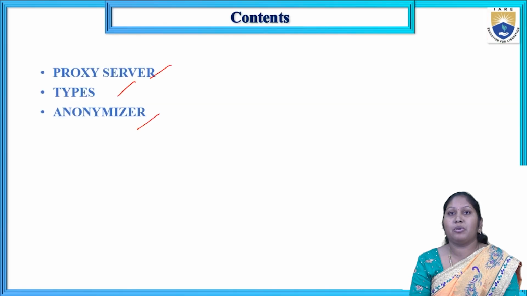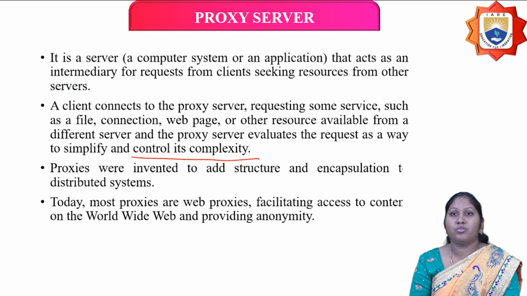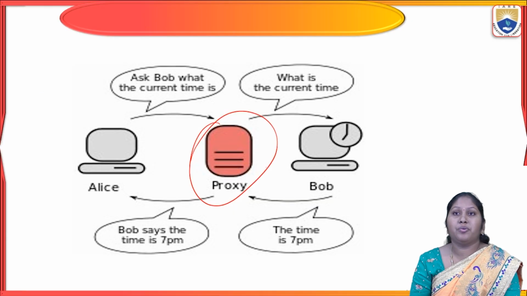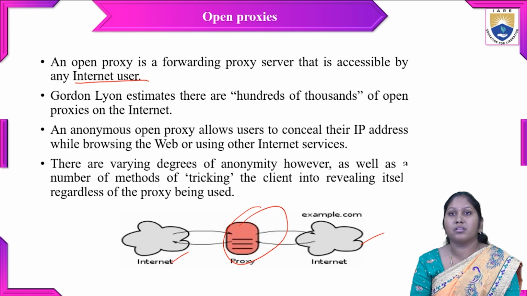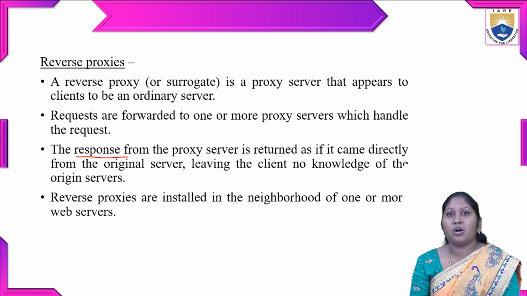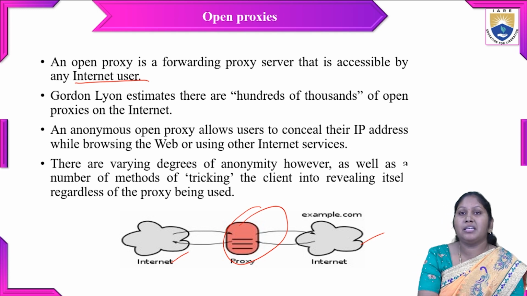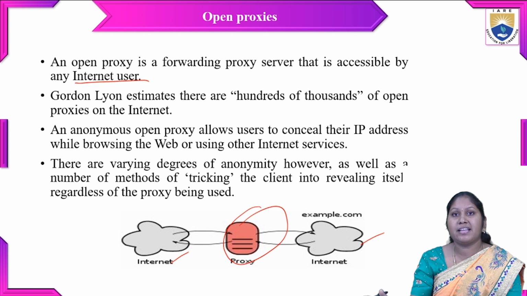So today what we have discussed? We have discussed the proxy servers: what is a proxy server and some examples, what are the types of proxy servers, and what are the open proxy server and reverse proxy server. What is an open proxy server? It is a forwarding proxy server that is accessible by any internet user.